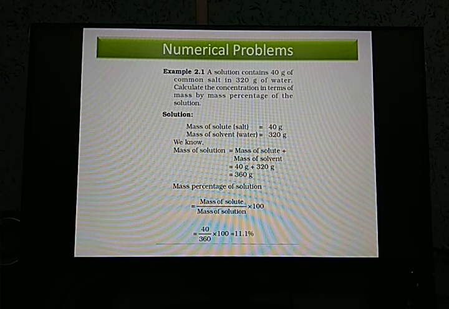The solution is 11.1% concentrated. So it is not that concentrated, it is very less concentrated. Clear? In this way there are various numerical problems that may be asked in this topic, and those are the main formulas that we have seen in the earlier slide. So you can practice them.